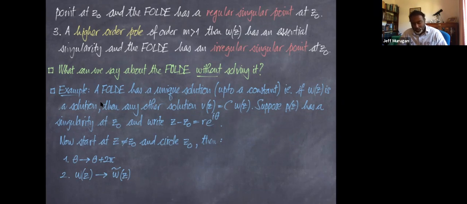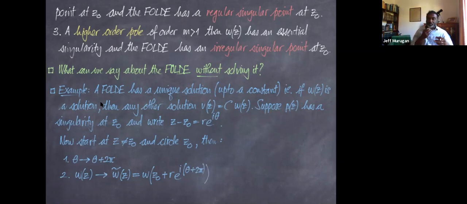In particular, W tilde of z will be W of z naught plus r e to the I theta plus 2 pi.